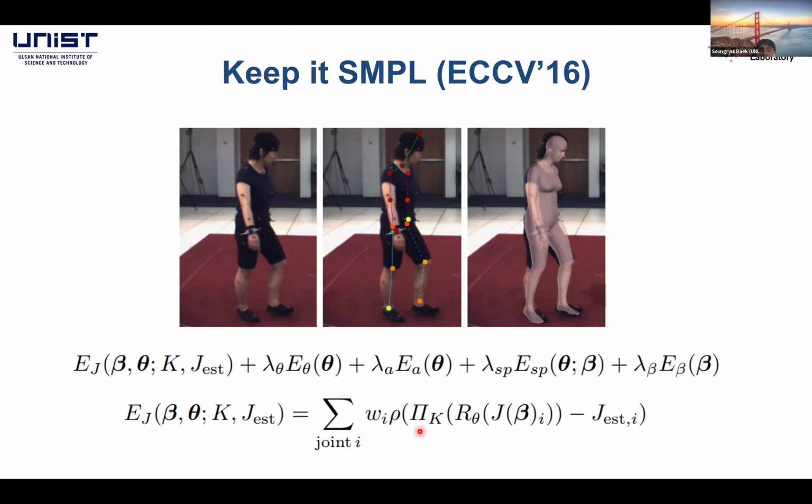Anyways, I'm not sure about this loss function because I'm not familiar with this paper, but I just want to deliver some messages here. So this becomes the 2D skeletons coming from the SMPL model.